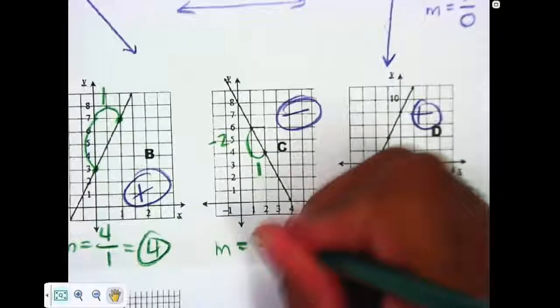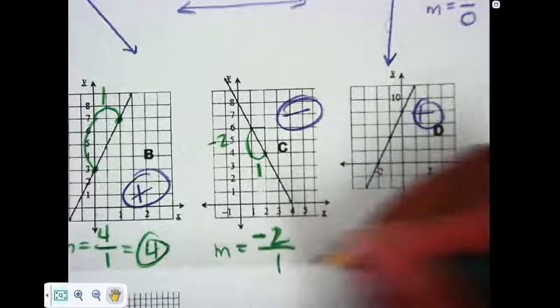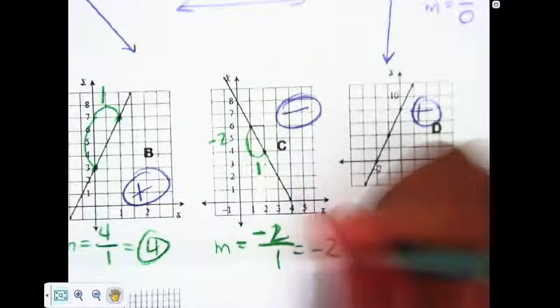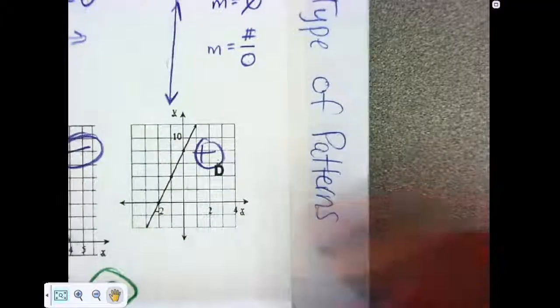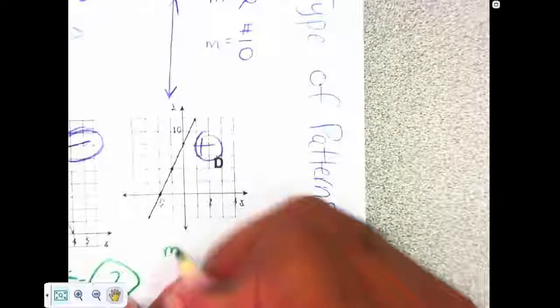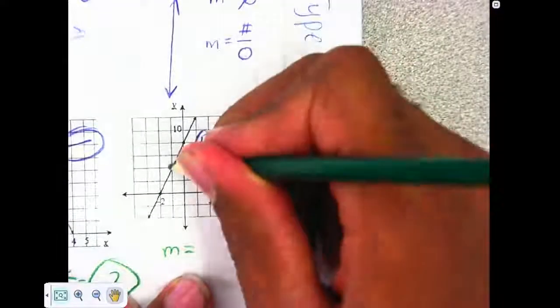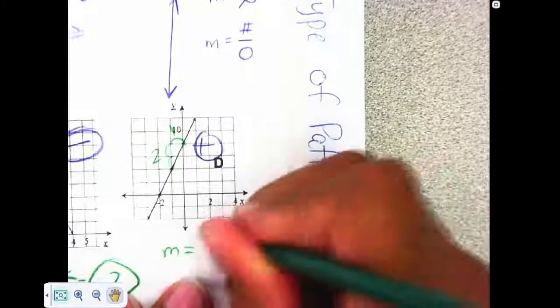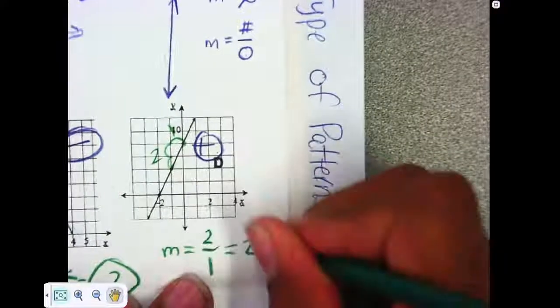So -2 over 1, which is also equal to -2. Okay, now this one's an increase, so it's going to be positive. So from this point to this point, we go up 2 and right 1. 2 over 1 equals 2.